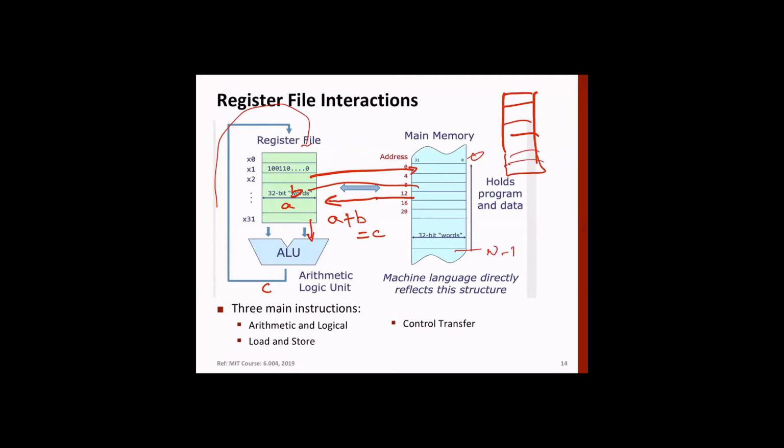So there are basically three kinds of instructions you will study in computers. First is ALU, like add, subtract, or, and, etc. Then there are load and store, which operate between register and main memory.